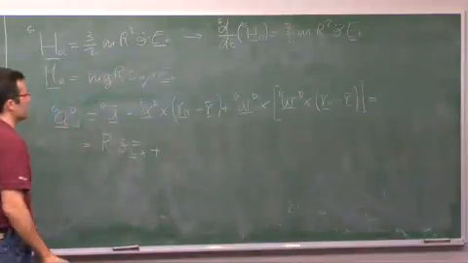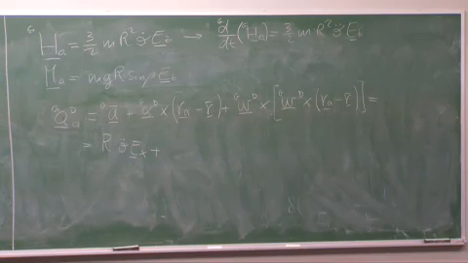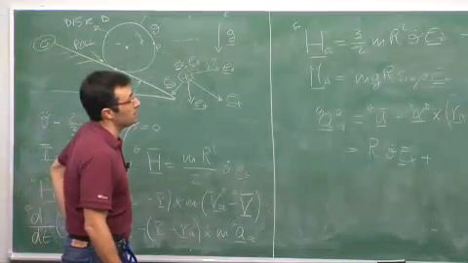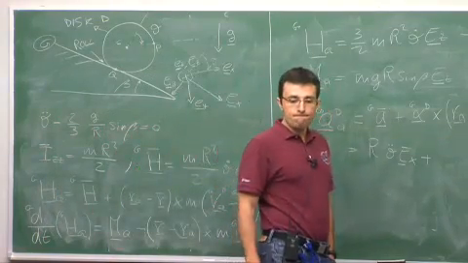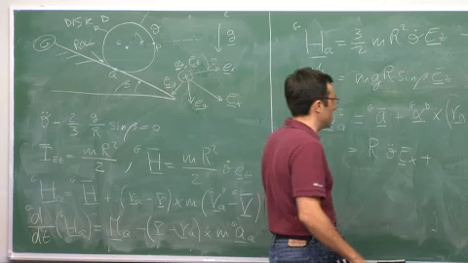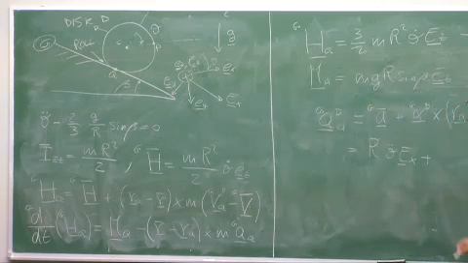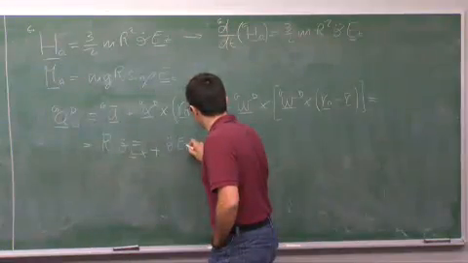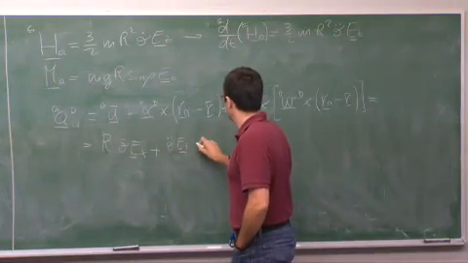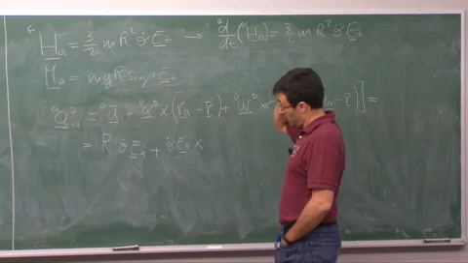Angular velocity of the disk with respect to the ground. I'm sorry, not angular velocity. Angular acceleration, alpha. What do you want me to write there? Theta double dot E_z cross with, what is this vector again?